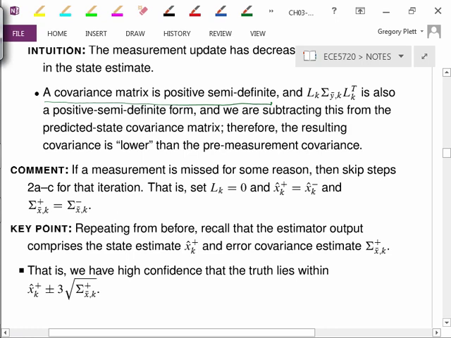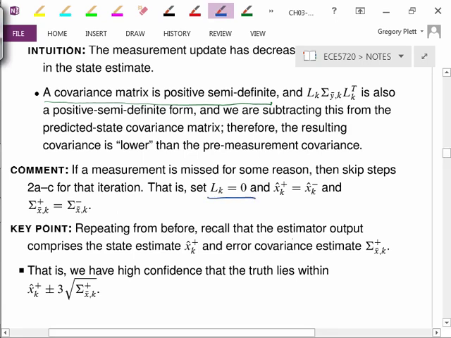If for some reason we miss a measurement because a sensor faulted temporarily, or there was a communication issue between the sensor and my battery management system processor or something like this, then all is not lost. We simply do the prediction steps, 1a, b, c, and we skip the update steps because we don't have any information with which to make the update.